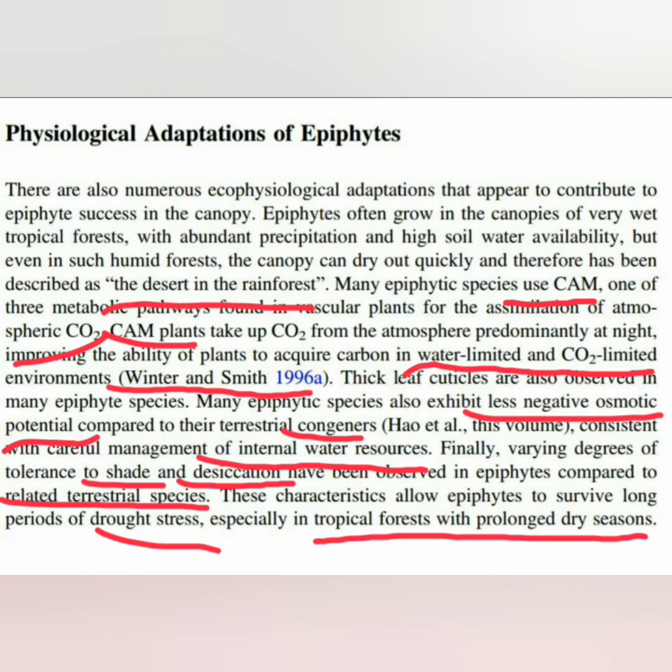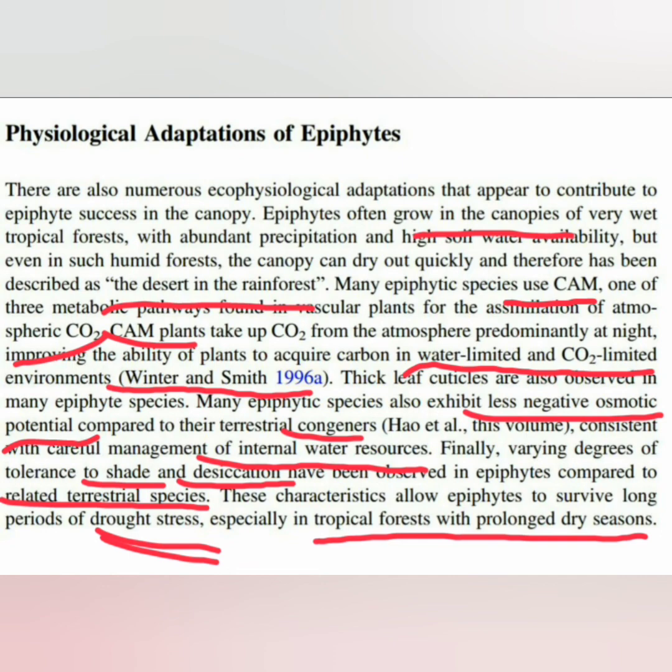So these epiphytes which grow in the canopies of the tropical forest usually go through drought stress, because as I mentioned, these canopies can dry out quickly. In order to survive in that dry environment, these epiphytes show varying degrees of tolerance to shade as well as desiccation.